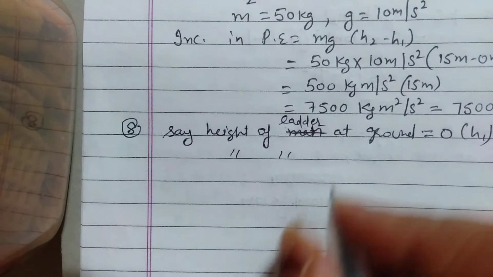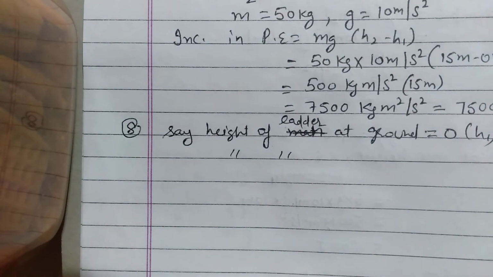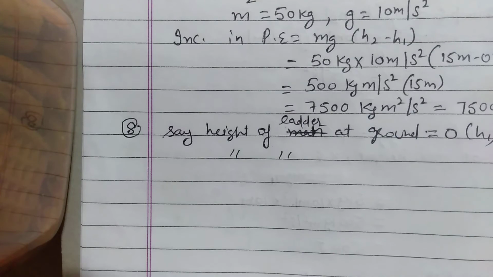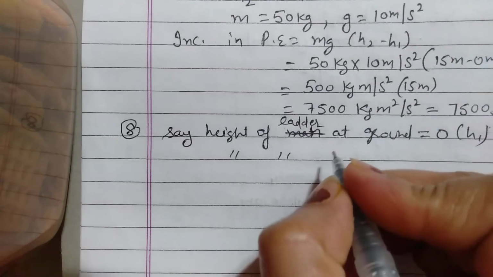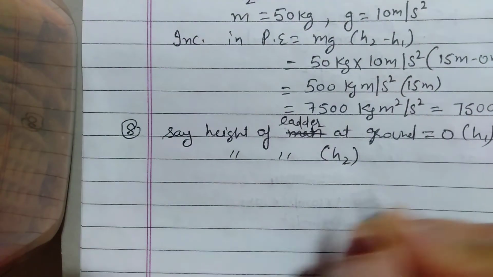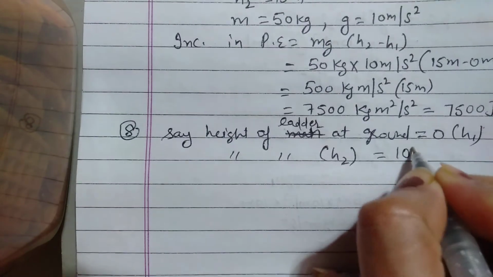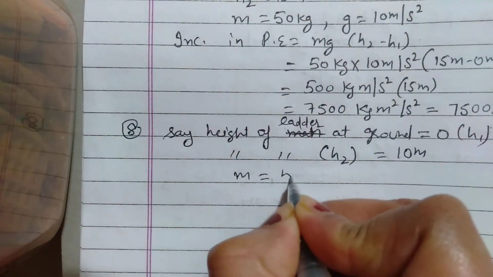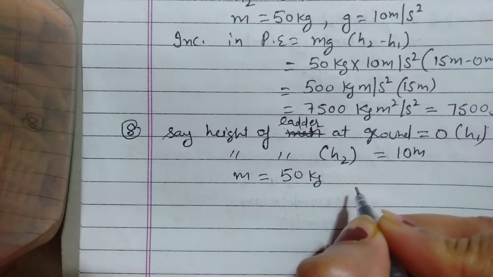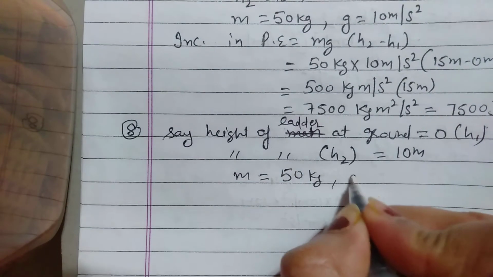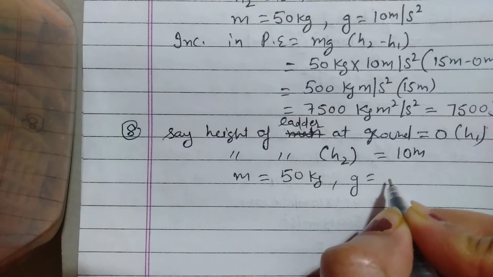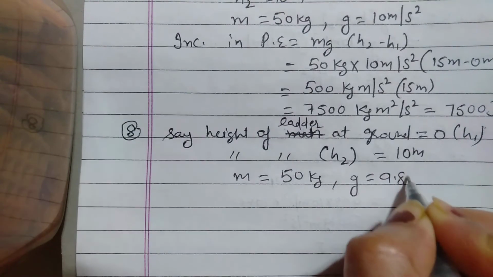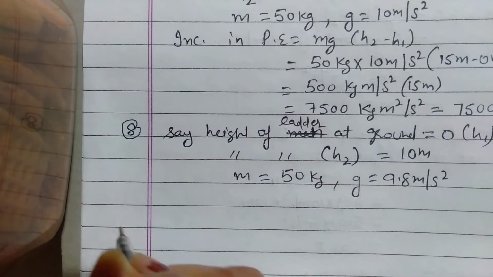Height of ladder will be considered as H2, that is equal to 10 meter. Mass of man is given to us as 50 kilogram, and acceleration due to gravity is given to us as 9.8 meter per second square.